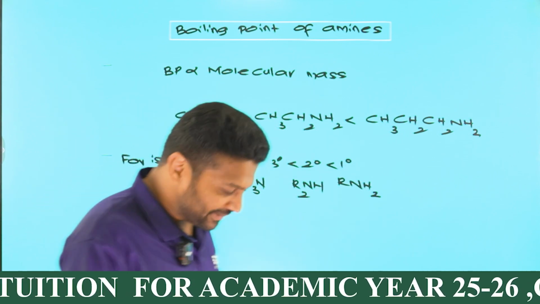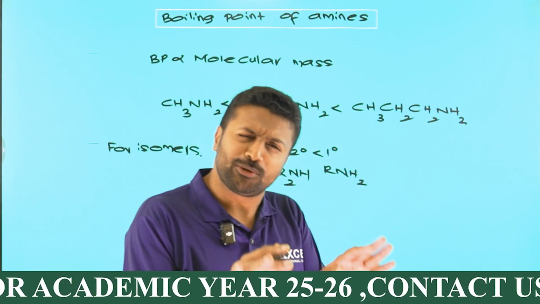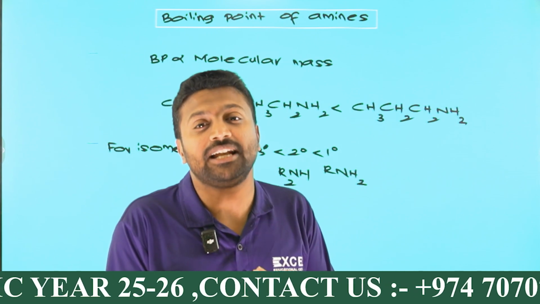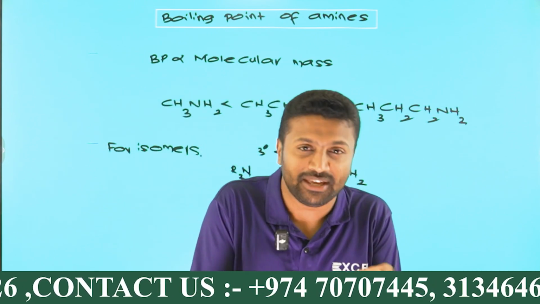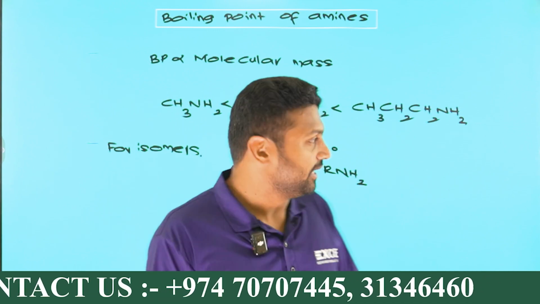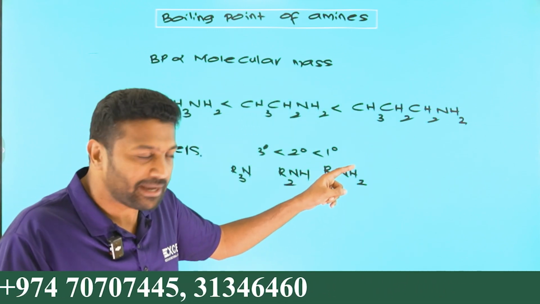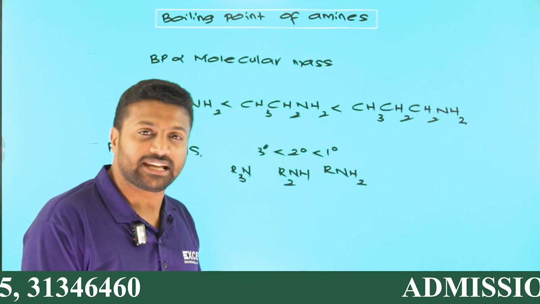So the first criterion deciding the boiling point of a compound is molecular mass, and boiling point is directly proportional to it. But if molecular mass is the same, they are isomers. For amines, primary amine will have a higher boiling point than secondary, then tertiary.